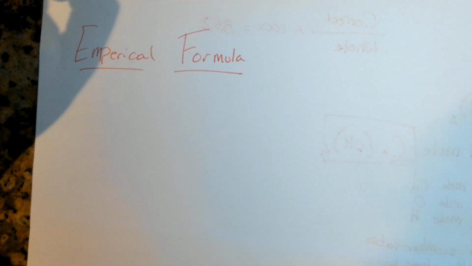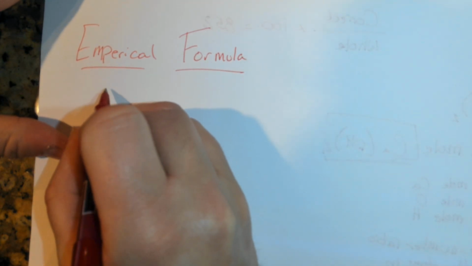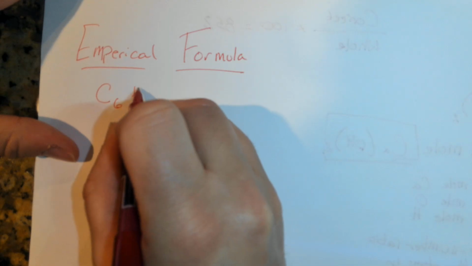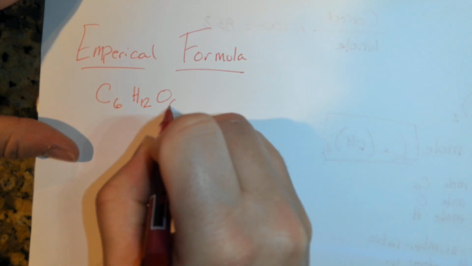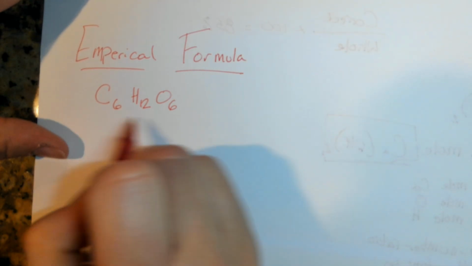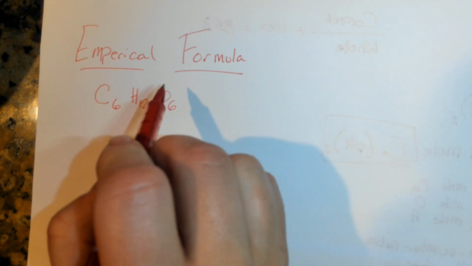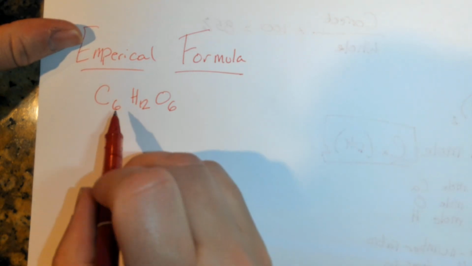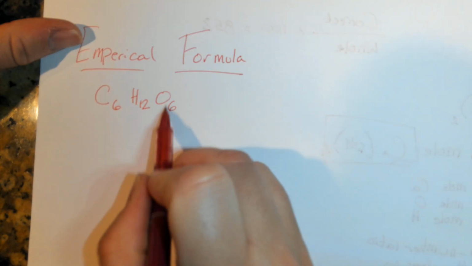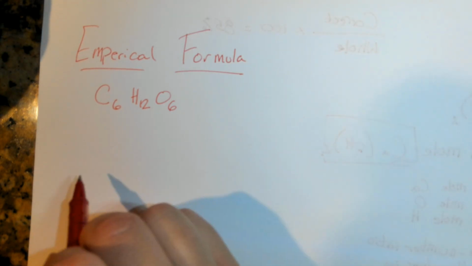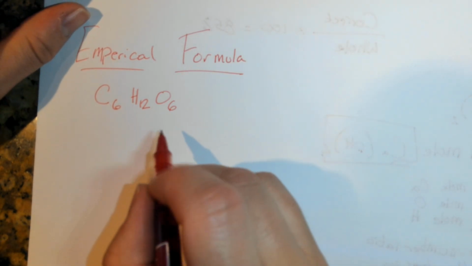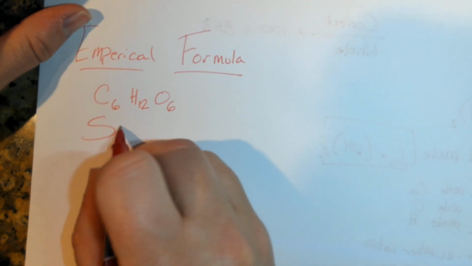So for instance, if I had glucose, C6H12O6, and I wanted to write, this is the chemical formula, right? And I wanted to write the empirical formula, it would be the ratio of these atoms to one another, simplified, right? So the idea of an empirical formula is simplification.